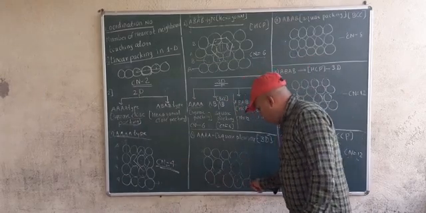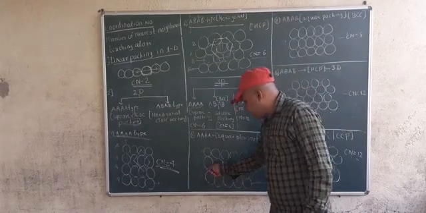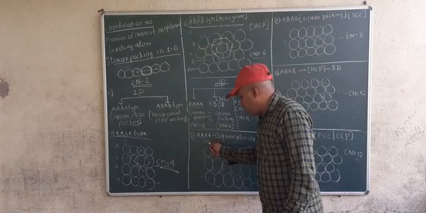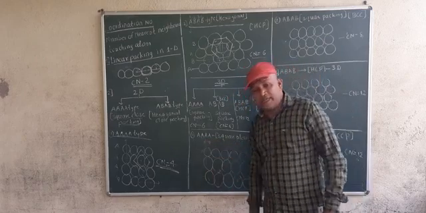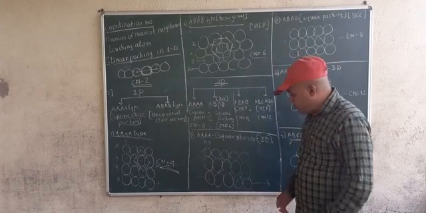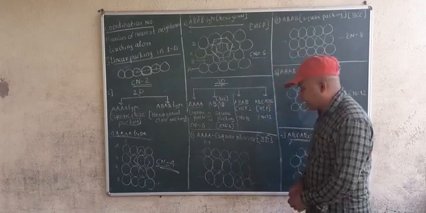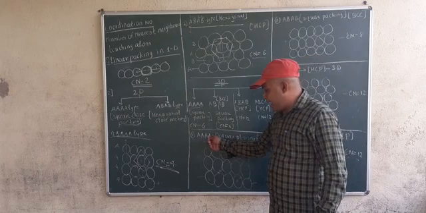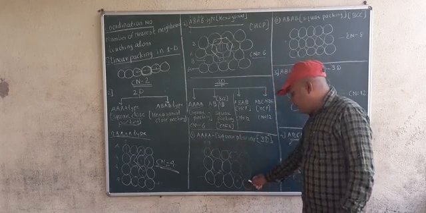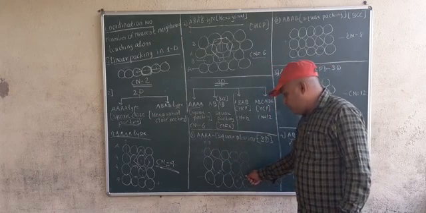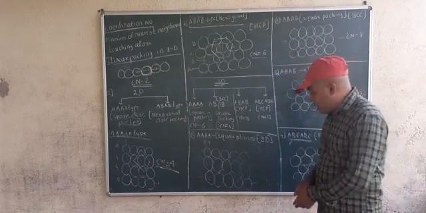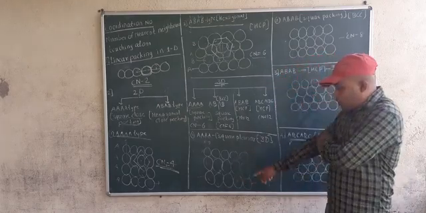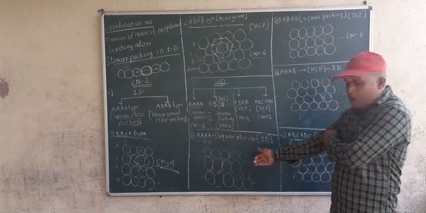Now here you are going in the x-axis, here you are going in the y-axis. Now the third one should come towards you, that is the z-axis. I will take an example of AAA type. Now if you see, the first layer, second layer, third layer are all the same. Now this is two dimensional, but we now want three dimensional.